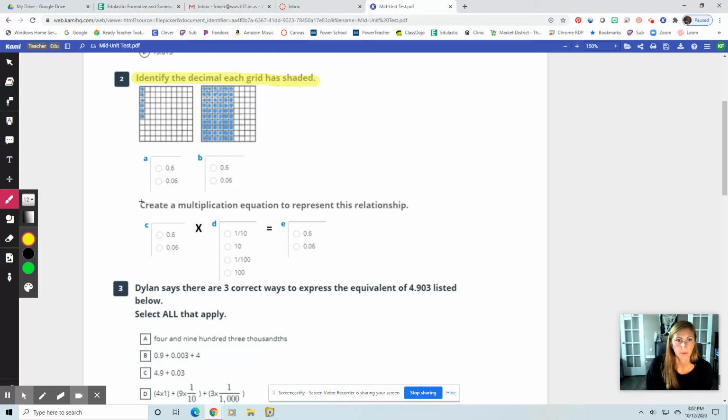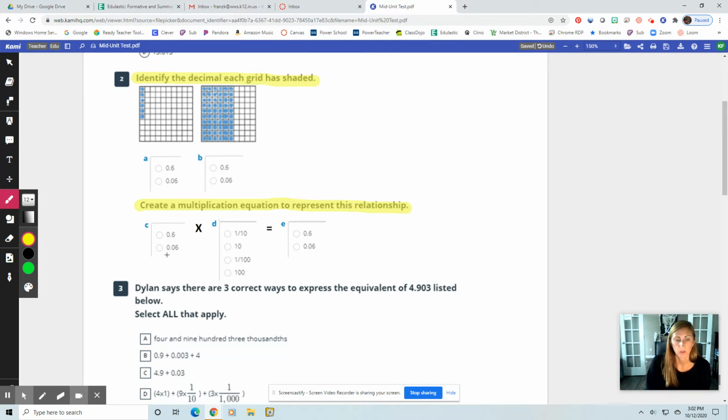So you'll select those. And then the second part is using those numbers, we are going to create a multiplication equation to represent the relationship. So knowing that we have to have multiplication is going to kind of give this away for you.